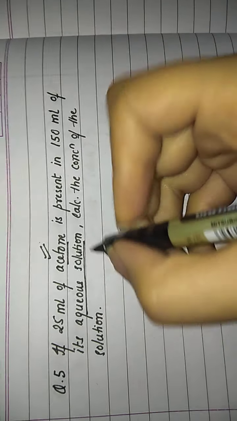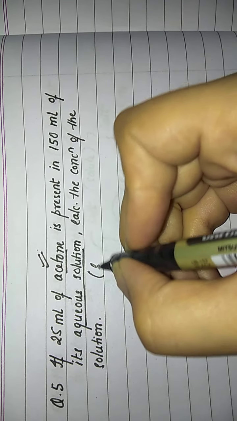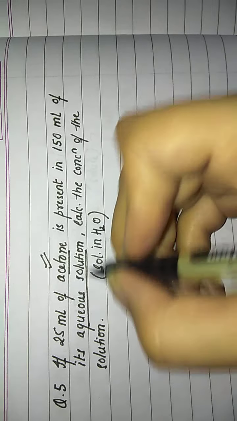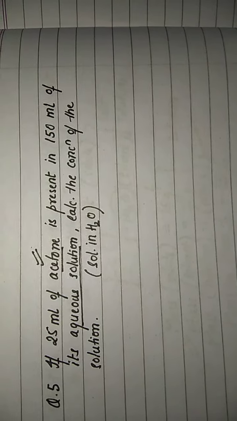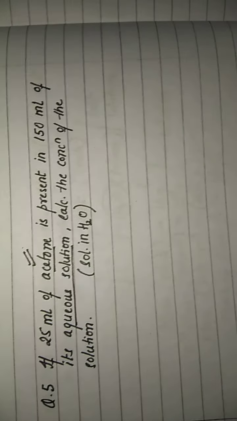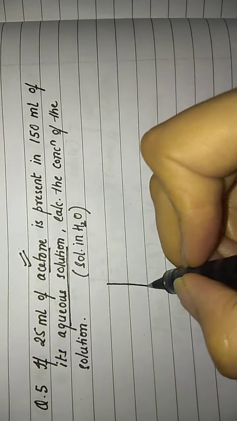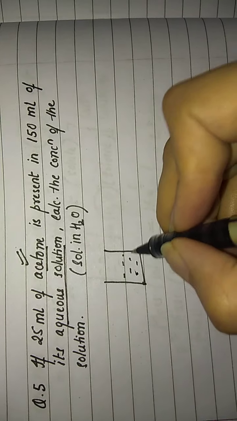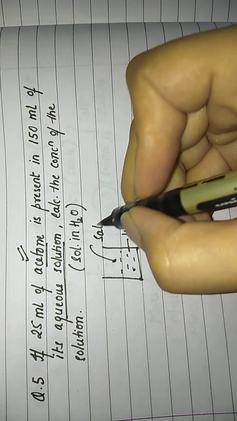What is the meaning of aqueous solution? Aqueous solution means solution in water. What does aqueous solution mean, dear? Solution in water. If we mix anything in water, it is called its aqueous solution. Right? For example, if I take a beaker again and I take some water in it and I add the salt to it.